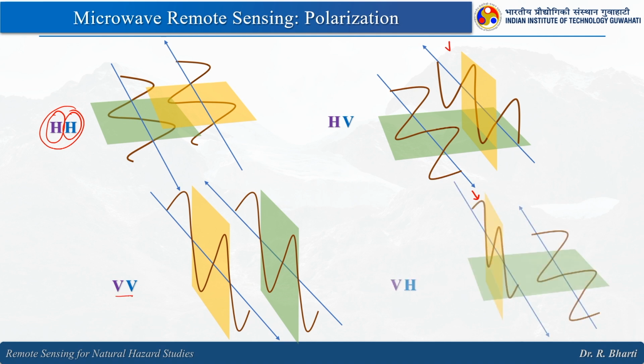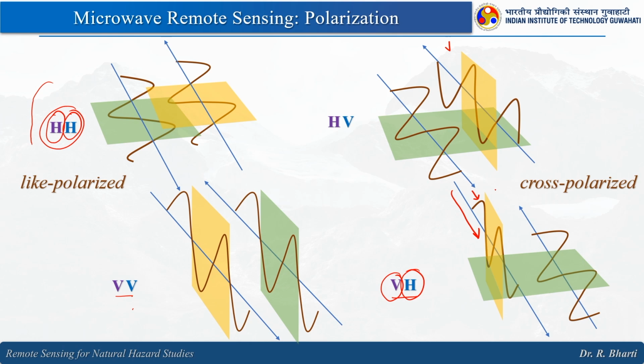This is VV and this is VH, where vertically polarized light is sent and the horizontal is received. HH and VV are called like polarized, and HV and VH are called cross polarized. Cross means both are sent in different directions.